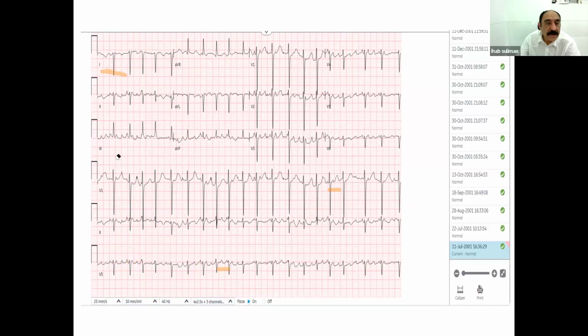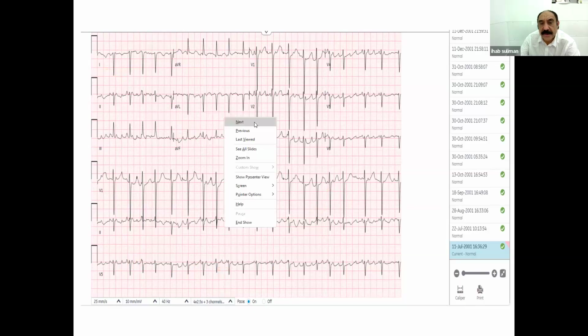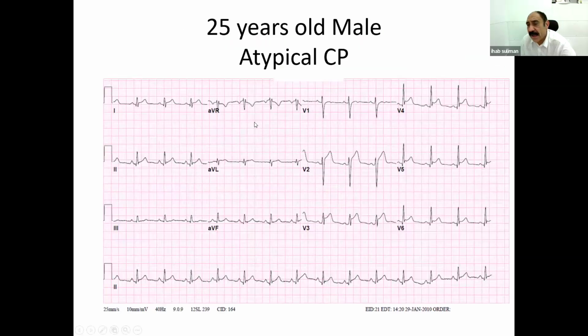So we move on to another scenario. Let us take this scenario. A 25 years old male came with chest pain when he breathes in and out, but when he leans forward, he feels better.